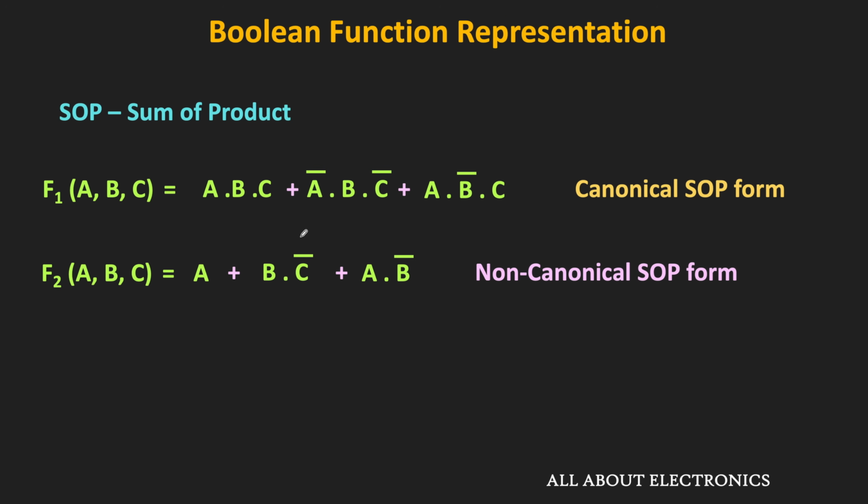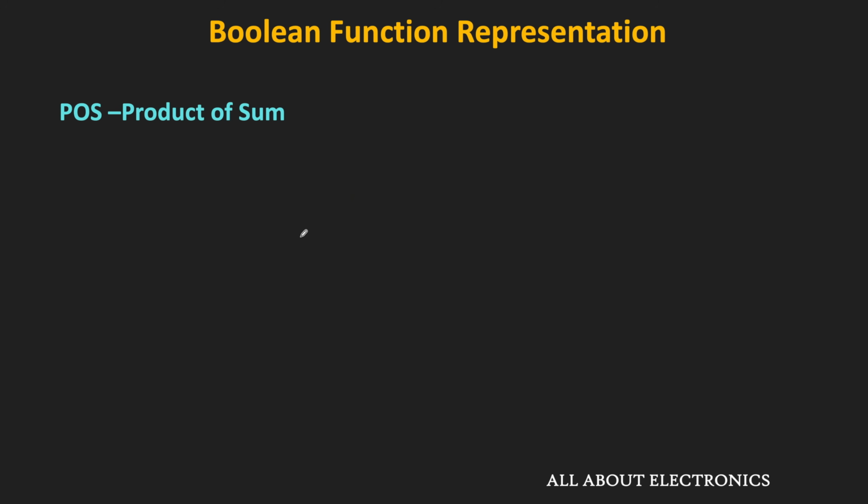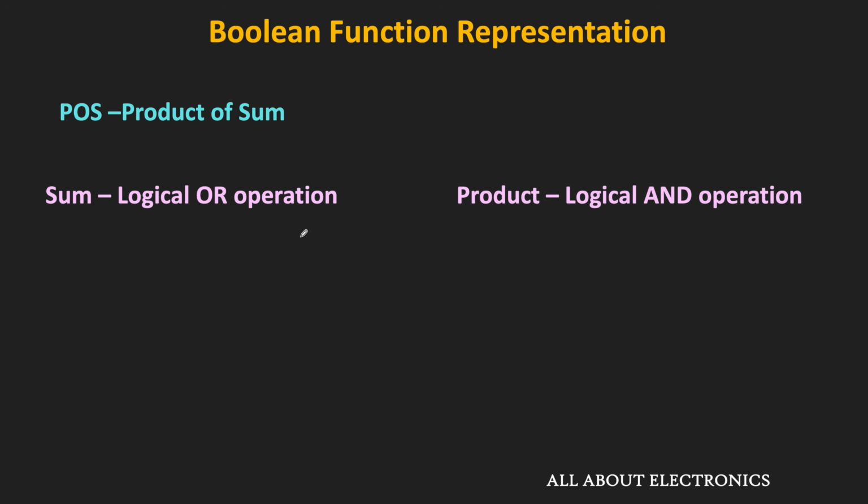Similarly, now let us see the second type of representation, which is known as the product of sum. As I mentioned earlier, sum refers to the logical OR operation, while product refers to the logical AND operation. So in this POS form of representation, the sum term is the logical OR operation of the different variables, where each variable could be in the true form or in the complemented form.